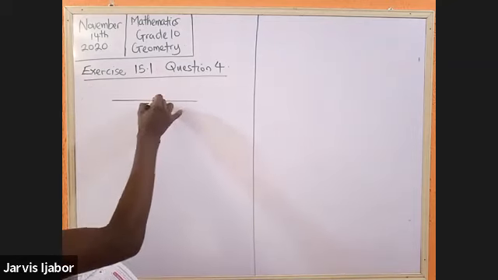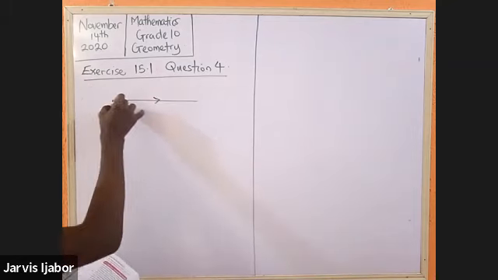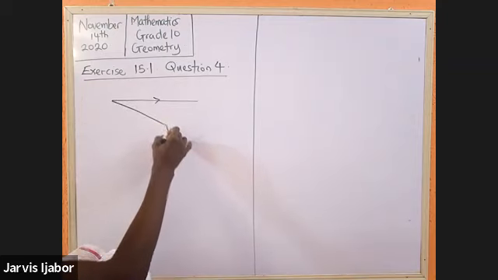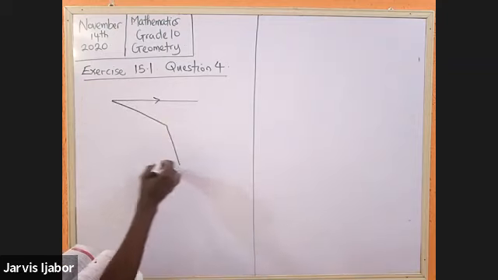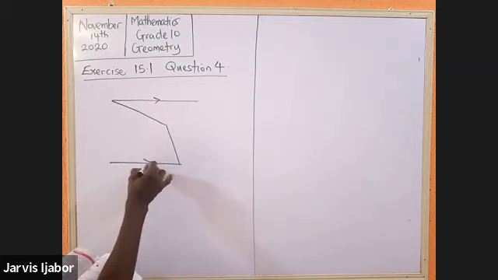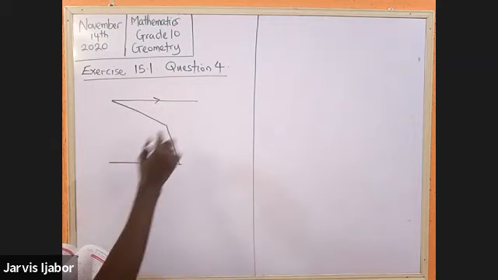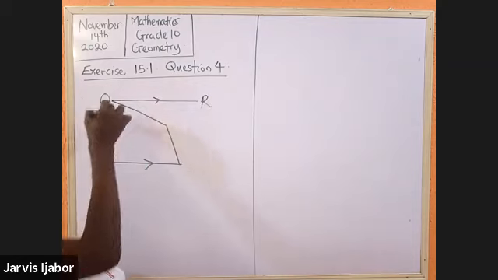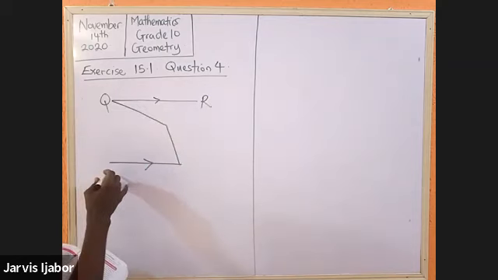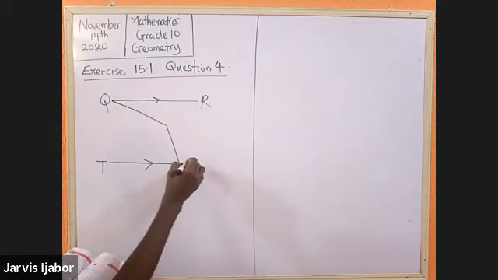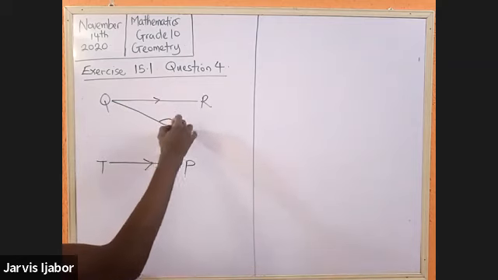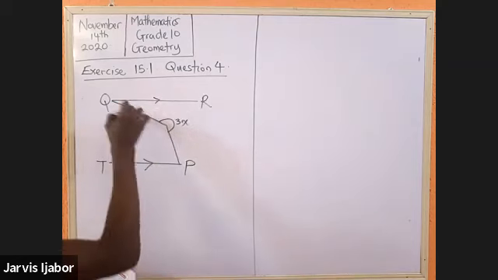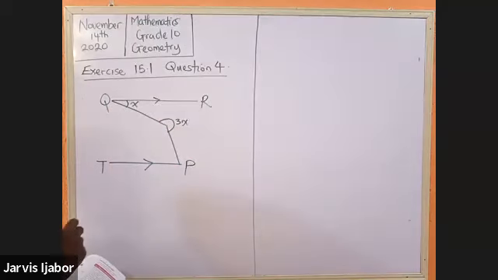So this is the diagram we have. So this is parallel to this. This is R, this is Q. This is T and this is P. So this is the figure we have. The whole of this angle here is 3x. This angle is x.